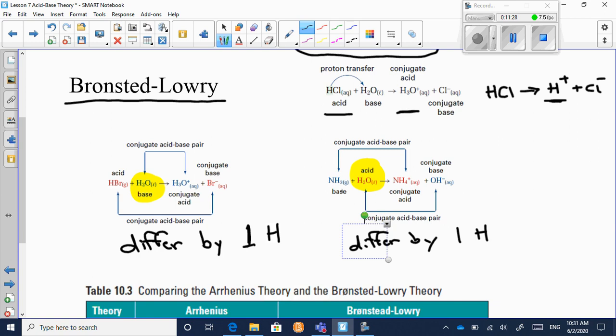Ammonia is the base, and its conjugate acid is NH4+. In this case, H2O is the acid, and it differs from OH- by one hydrogen. So I'm just going to put a little star there. One of your homework questions asks you to write or identify the acid-base pairs, and you'll know that they always differ by one hydrogen.